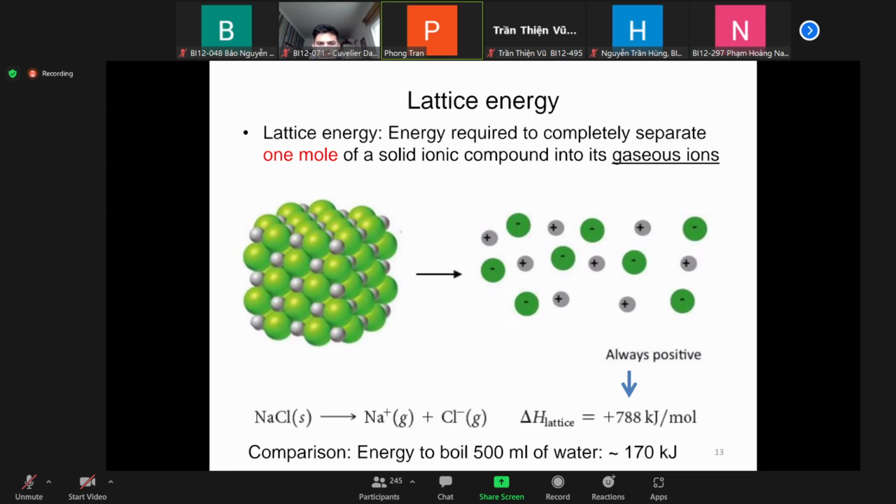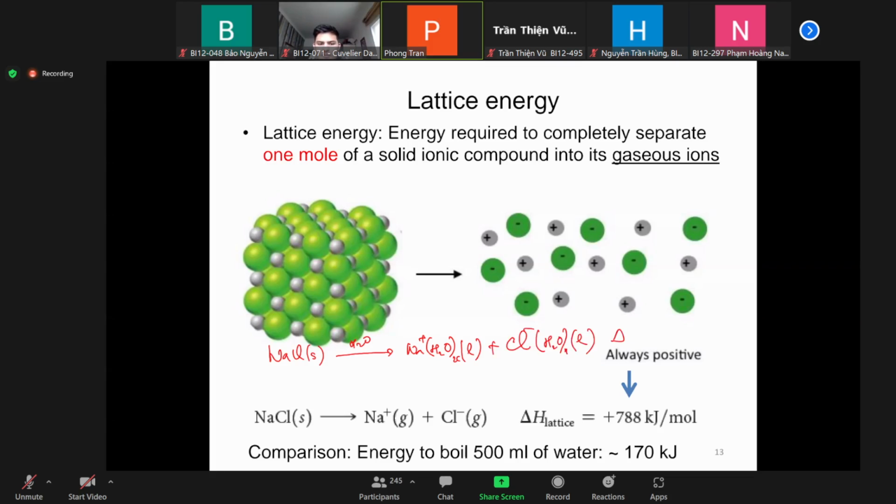The dissolution process, that means you have sodium chloride solid, you put in water, so you make Na+ and Cl- with H2O, and it's liquid.